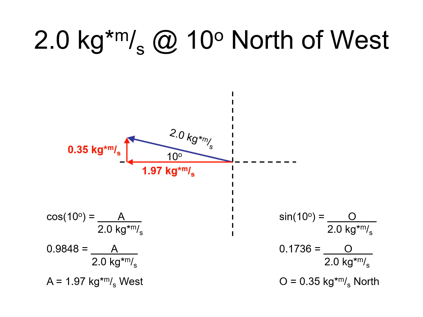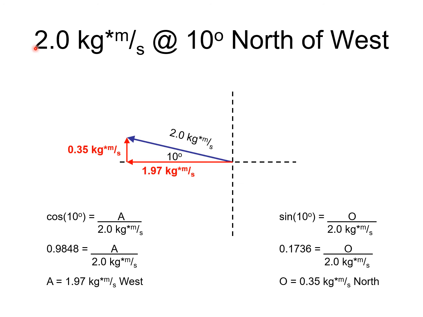Now sometimes I don't even try to figure out which side is cosine and which side is sine. When I draw my picture like this, you can see that obviously this side right here is going to be longer, and this side right here is going to be shorter. If you've noticed, in each one of the components, we've always had the hypotenuse, which is the vector itself, times a trig function, whether it's cosine or sine, of the angle that's in there.